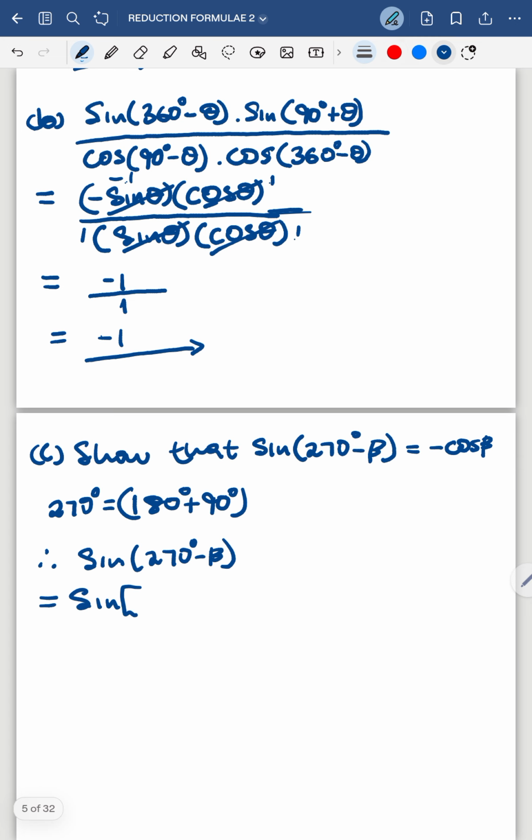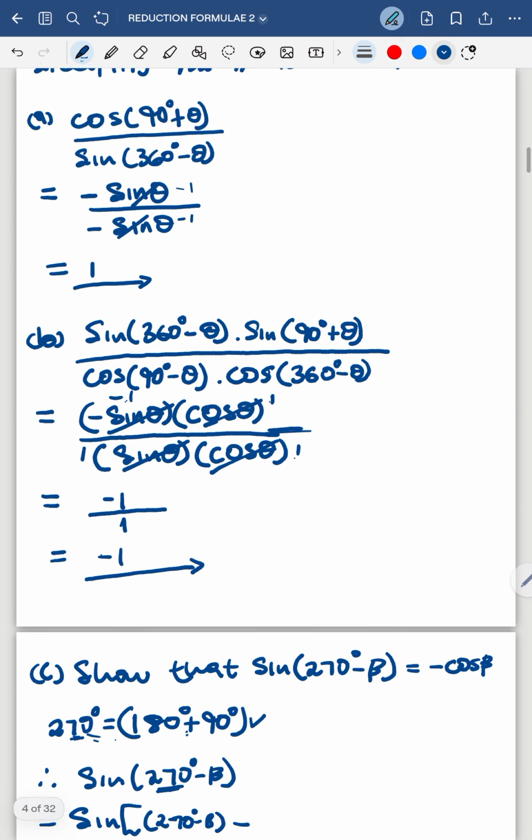We're going to replace this 270 here by this, because they are both equal.